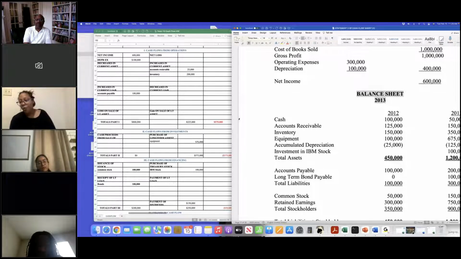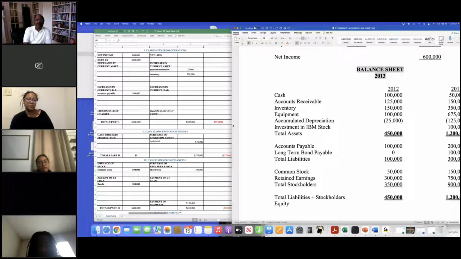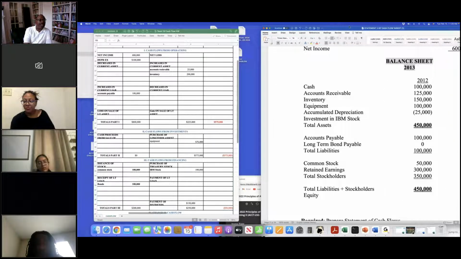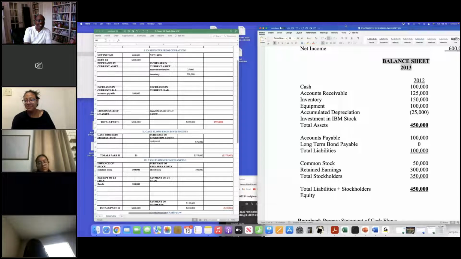Next, investment in IBM stock. That one's an increase of 100,000, and that one's in the wrong place, I think, in what I submitted. But it should be in part 2, right? On the right side.